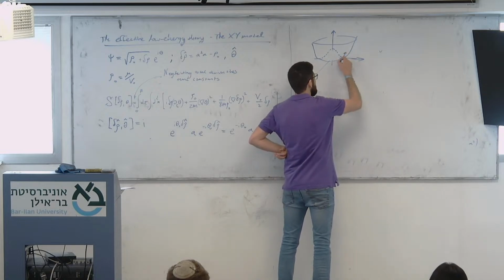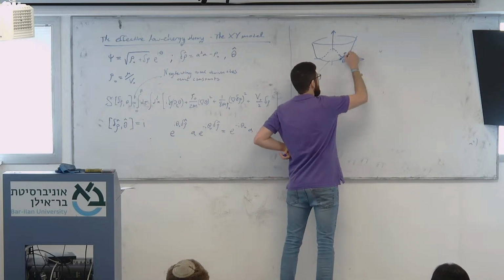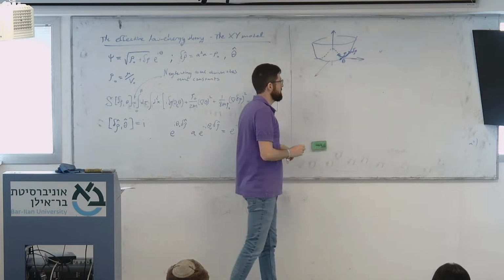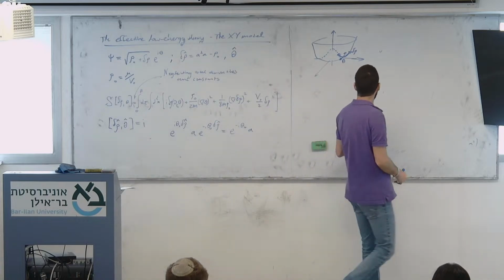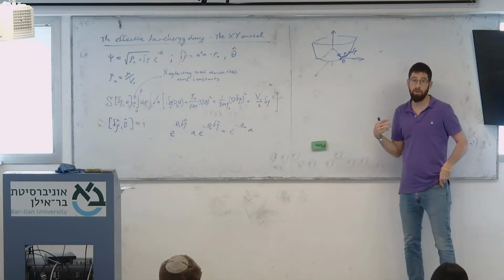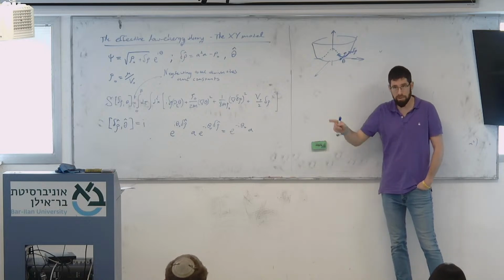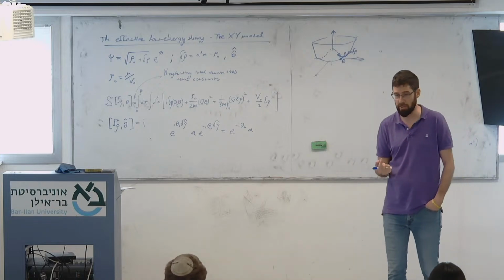There are fluctuations like this, which are theta, and there are fluctuations like this, which are this delta rho. Now, you can identify that the fluctuations theta are very different from the fluctuations delta rho, right? Delta rho is massive. It has a mass. Theta is soft. You understand that concept?